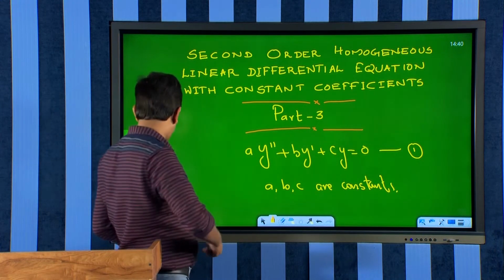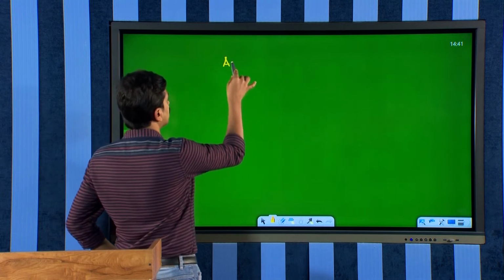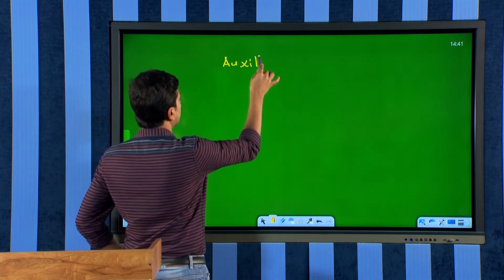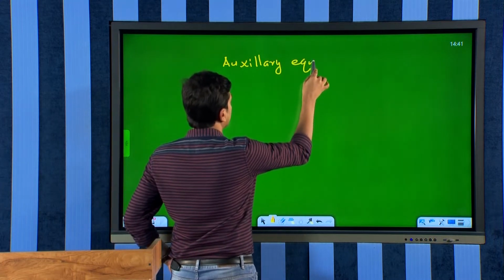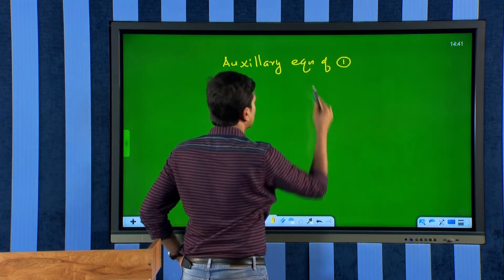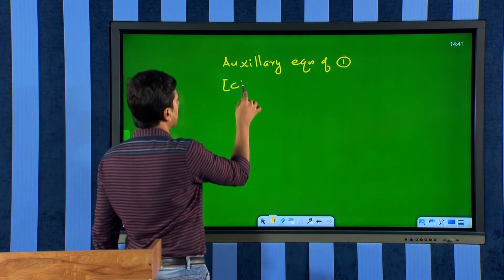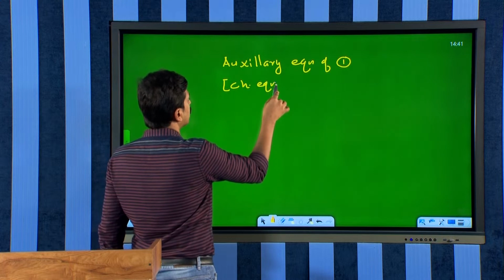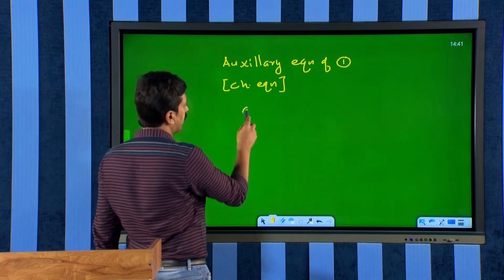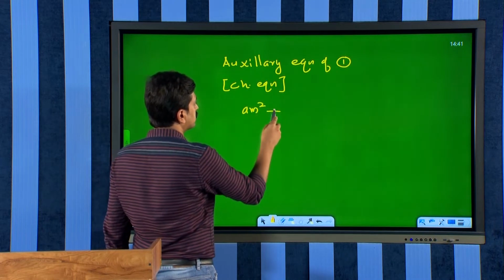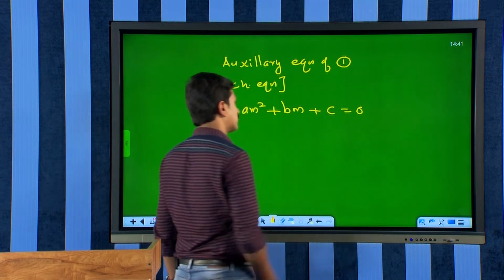Then we found the auxiliary equation for this differential equation. Sometimes, instead of auxiliary equation, we may call it the characteristic equation. The auxiliary equation is am square plus bm plus c equal to 0.